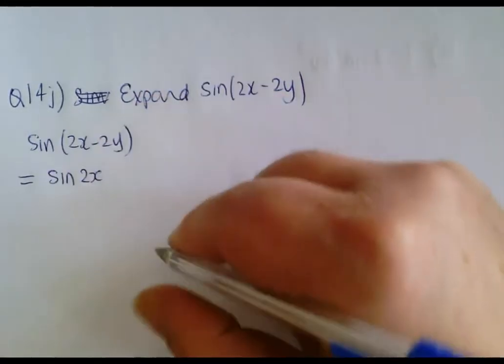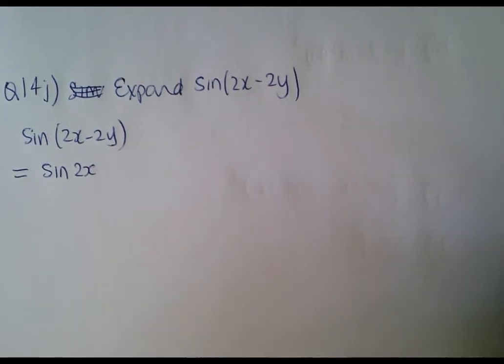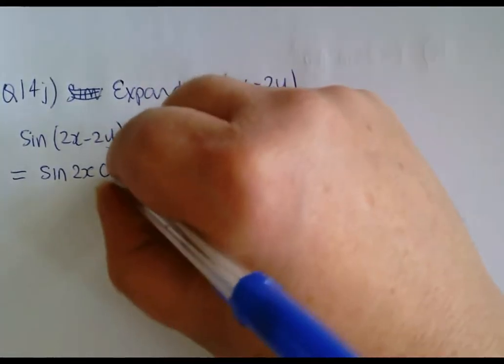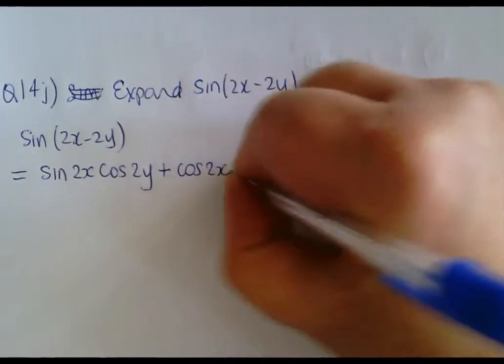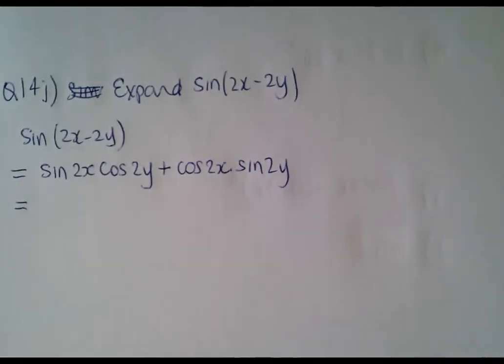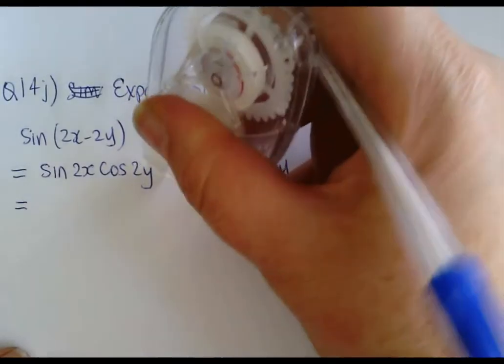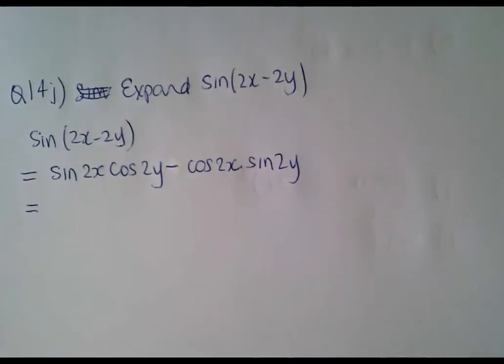Isn't it sine 2x? Actually, we might do it 2 ways. We'll see. Sine 2x cos of 2y, yeah? Plus cos of 2x times the sine of 2y. And that's right, it is, because it's keep the sign the same. Minus. Keep the sign the same.